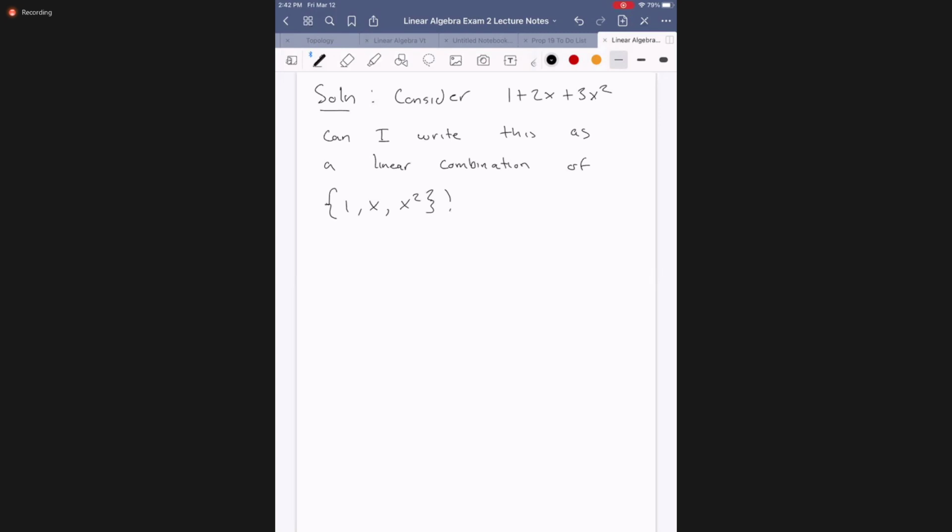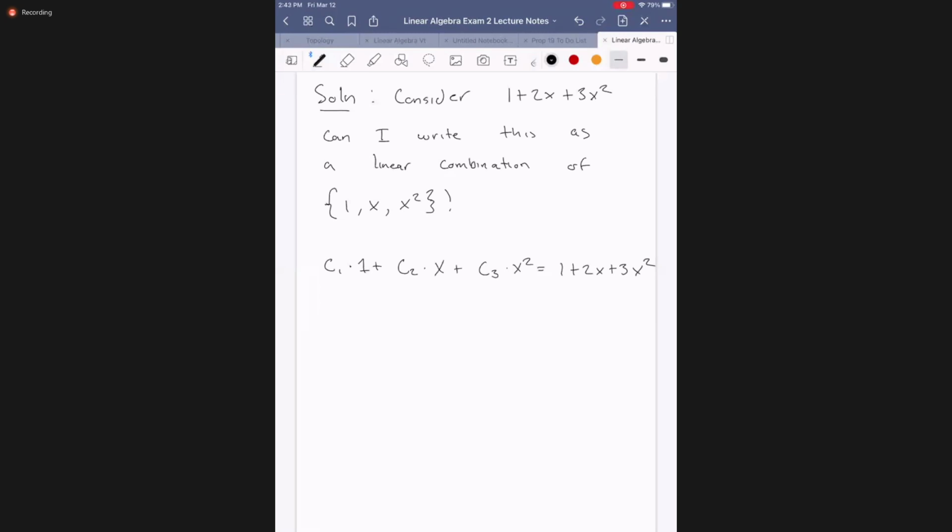So I just do C1 times 1 plus C2 times x plus C3 times x squared, and this should equal 1 plus 2x plus 3x squared. What constants would make this happen?